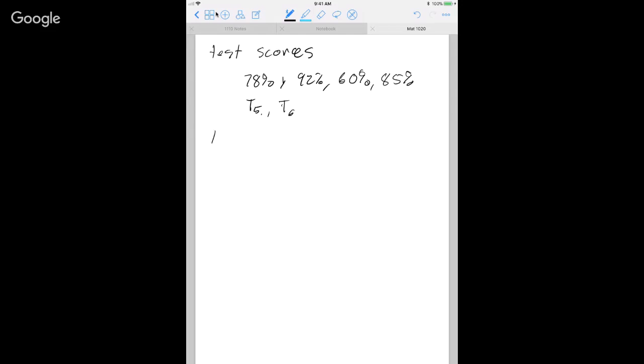All right, so if I wanted to do the average of all the scores, that would just be 78, dropping the percents, so we'll have to add those in again at the end. 78 plus 92, oops, plus a 60 plus 85 plus T5 plus T6.